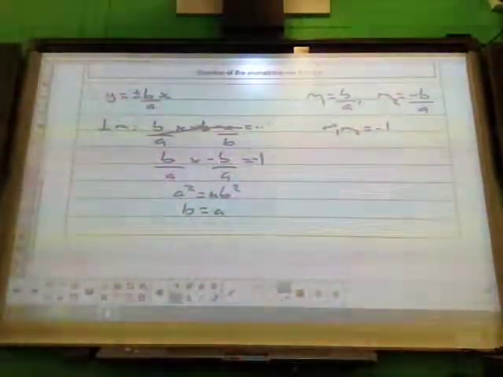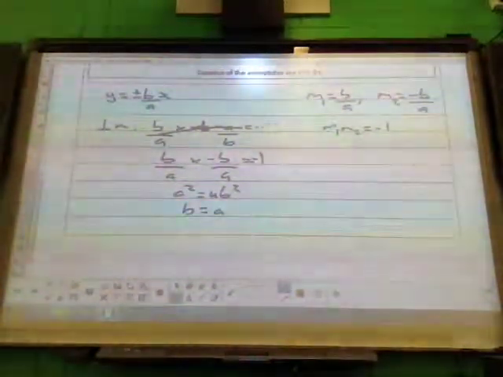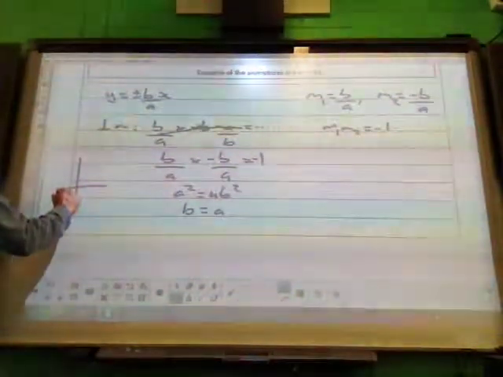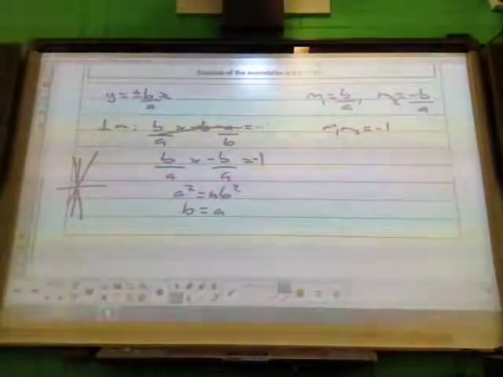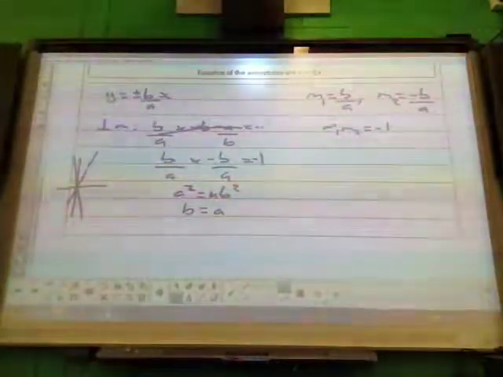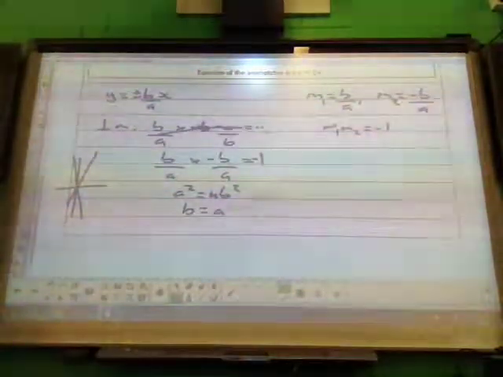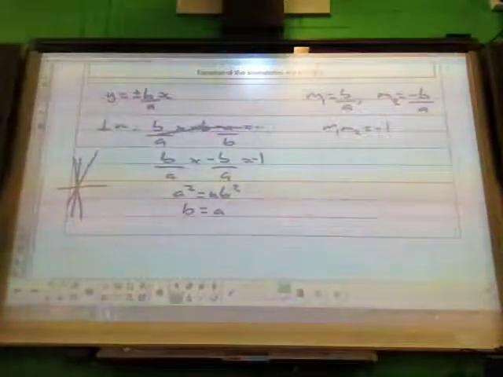So you can't have 2 and negative 2 because those two lines won't be perpendicular. One's 2, it'll go like that, and the other one's negative 2, it'll go like that. For 2 run of 1, these two are not going to be perpendicular, so it won't match the definition. So that's why we can't say what you just said.